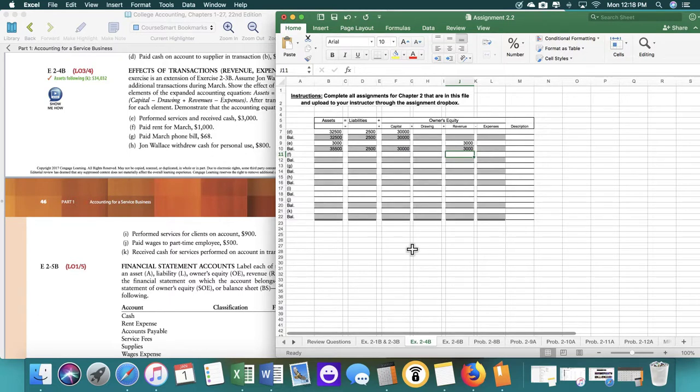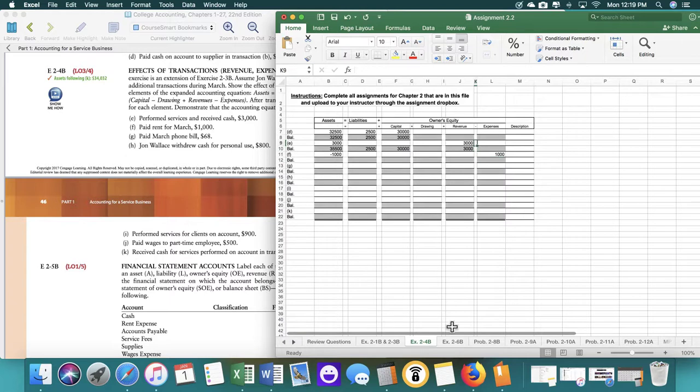So here we paid our rent for letter F. Since it does not say on account, we're going to assume that we paid our rent in cash. So we're going to subtract $1,000 from your cash. And then we're going to have $1,000 in expenses.